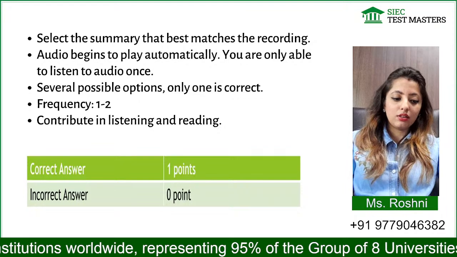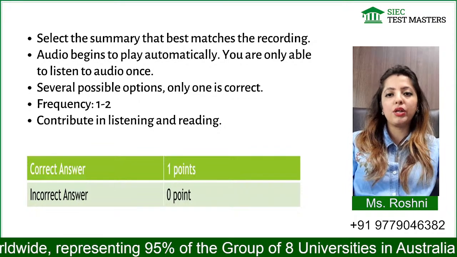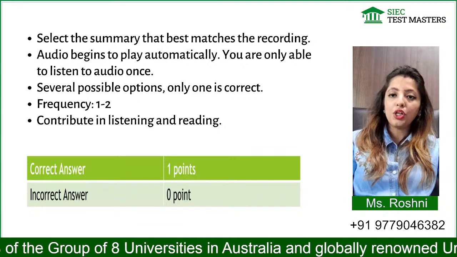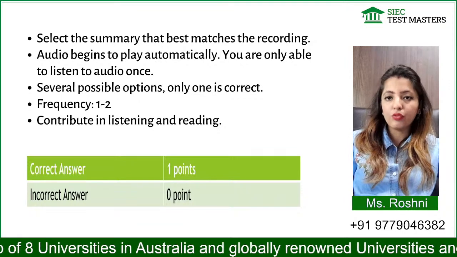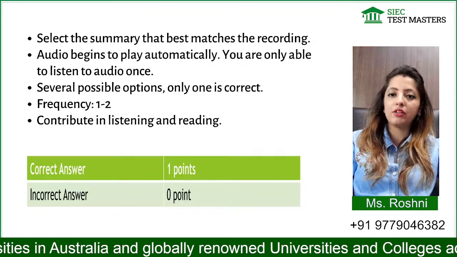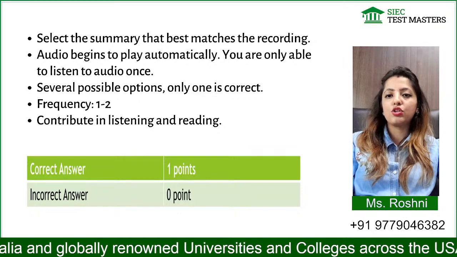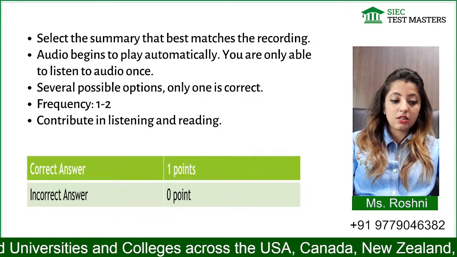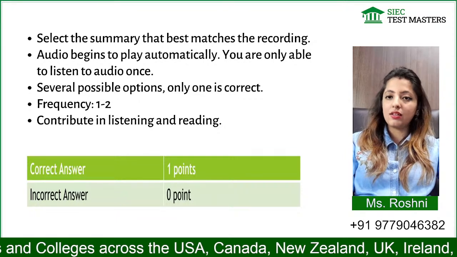Moving on to the things you have to remember when dealing with highlight correct summary questions. You need to understand the theme of the audio and the message conveyed by the speaker, and only then will you be able to select the right option out of the four given. It may be difficult to read and listen at the same time.